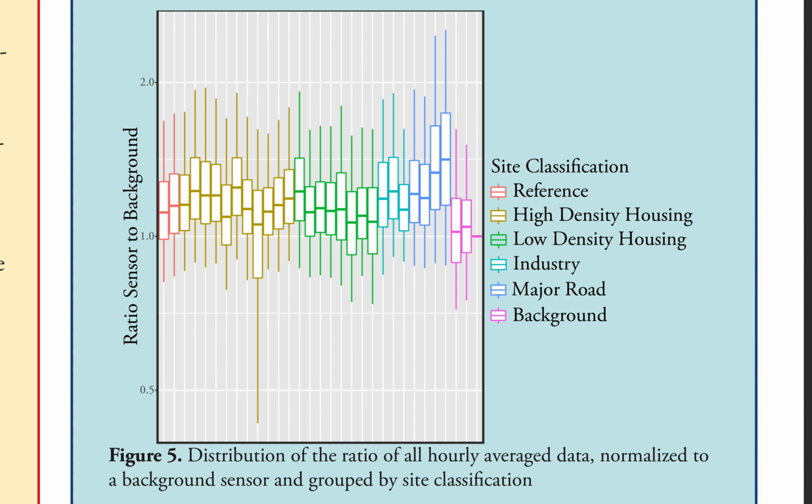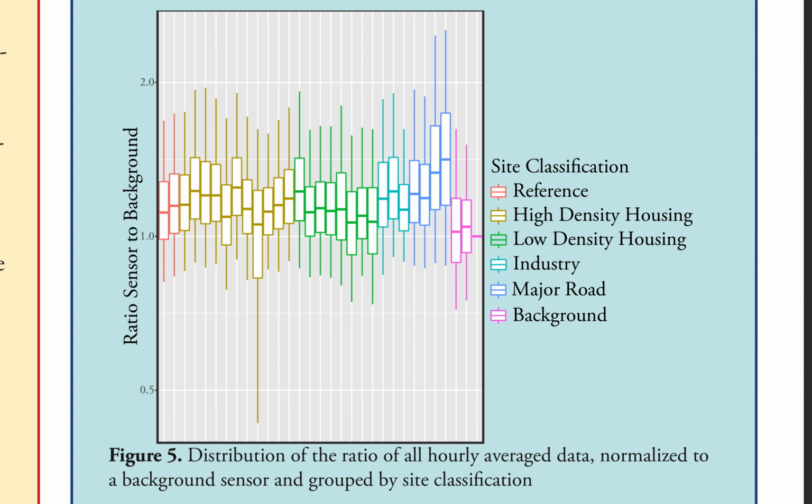In this figure, we see that the median ratio ranges between 1.05 and 1.5 times the background concentrations, indicating that there are differences between the different sites, measurable by these sensors. We also see similar results from Figure 4, in that the near-road sensors record much larger concentrations than the rest of the sensors, and all other sensors outside of these and the background sensors had similar concentrations to one another.